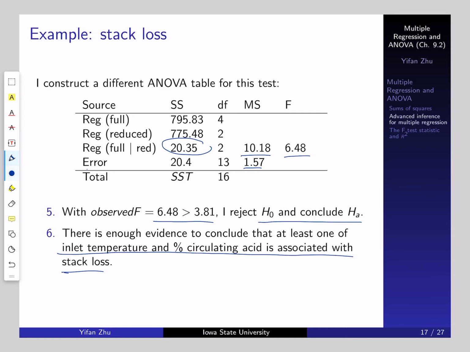That means when at least one of the inlet temperature and the percentage of acid changes, the response would change, because at least one of the slopes for these two is not zero.